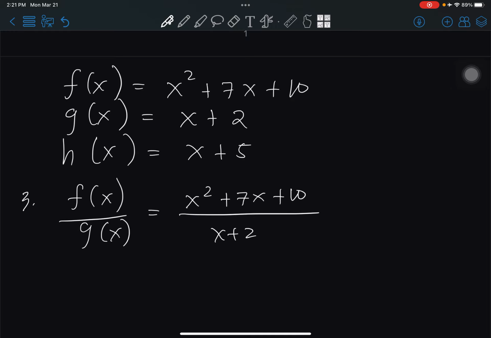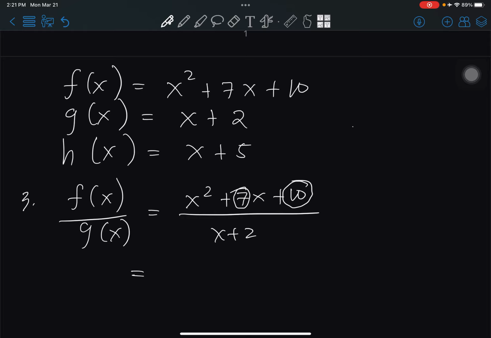To simplify this, you need to factor out. Okay? To factor out, we just have to, let's say, think of possible factors of 10. All the possible factors of 10, including negative. So what are the possible factors of 10? Basically, thinking of the pair of factors, if you are going to add the pair of factors of 10, it will become 7. Okay, so what are the possible factors of 10?